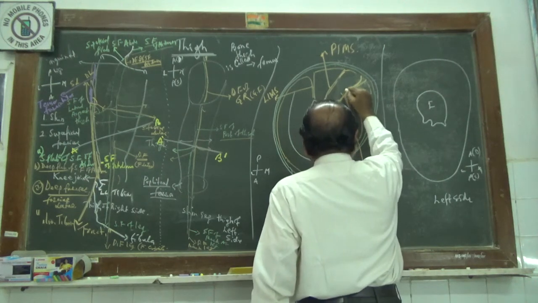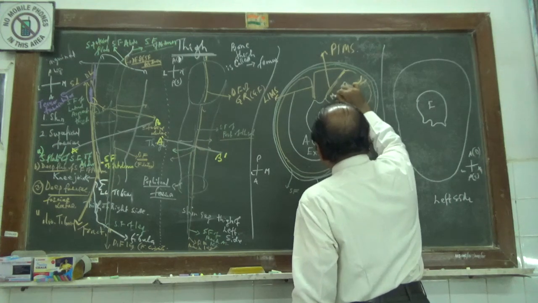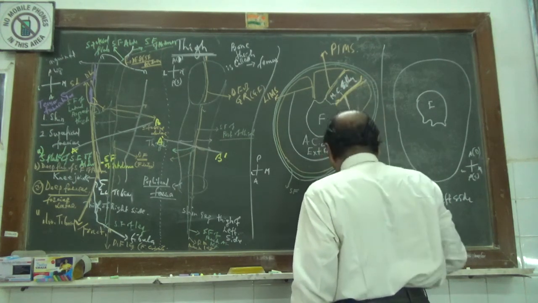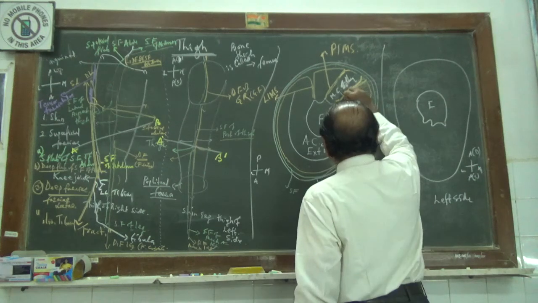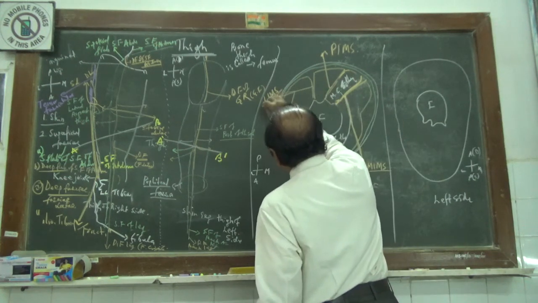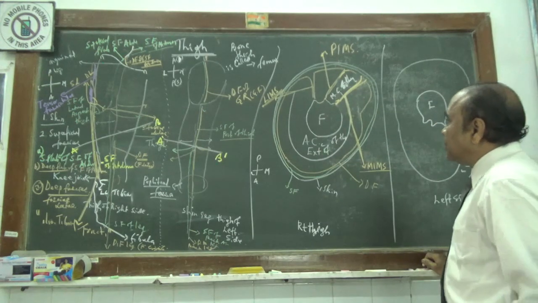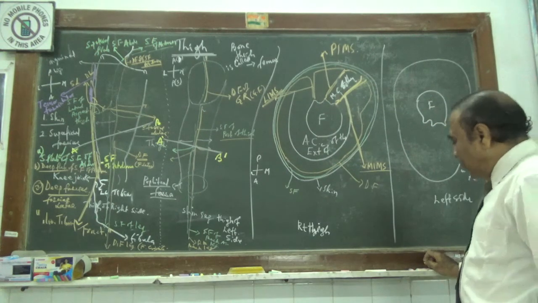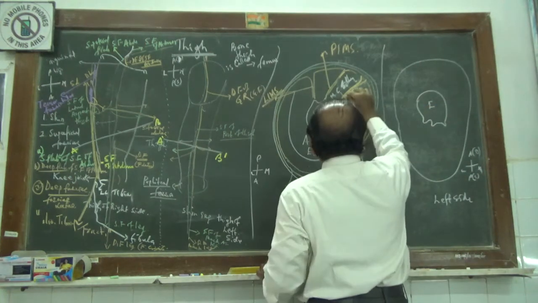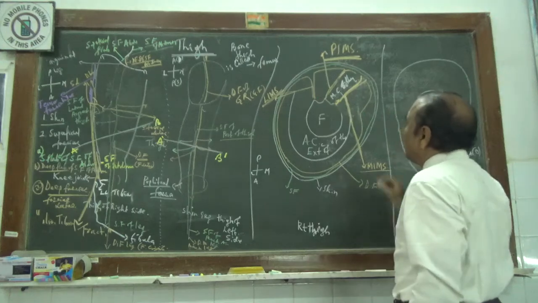Then there will be another compartment. This compartment is called the medial compartment of the thigh, the one which is present in between the medial intermuscular septum and the posterior intermuscular septum.